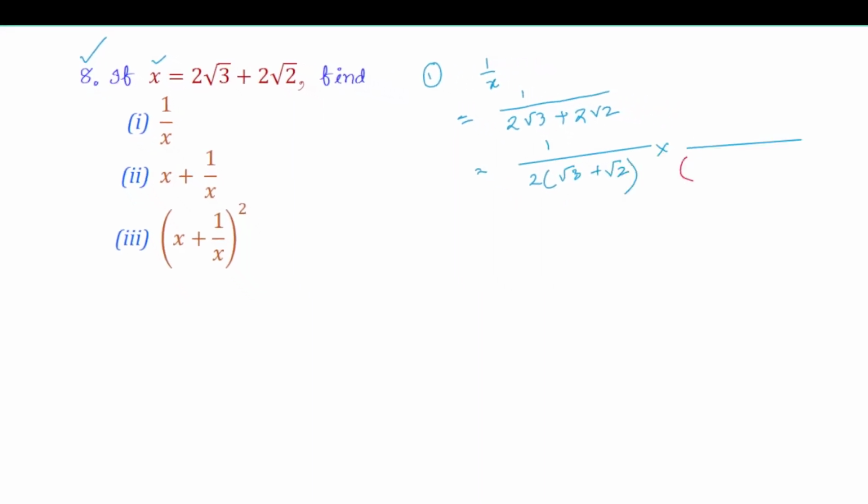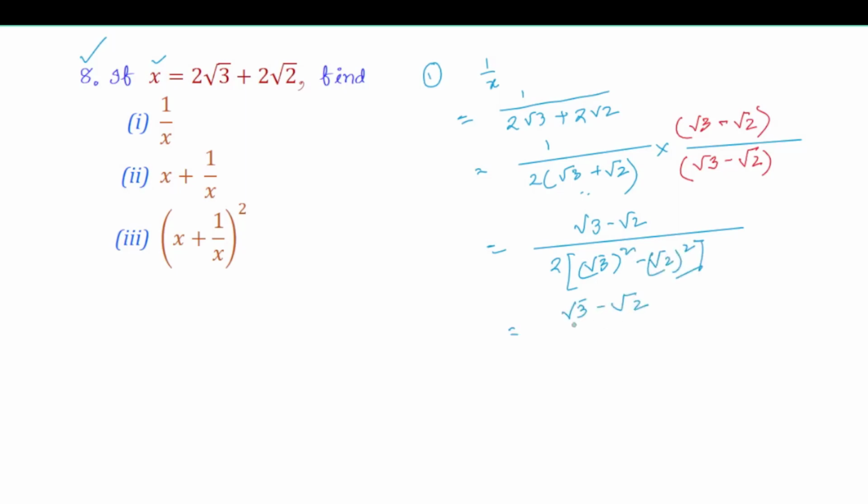Let us multiply both numerator and denominator by root 3 minus root 2, and 2 is common. This is a plus b into a minus b, so root 3 square minus root 2 whole square. Root 3 square equal to 3, root 2 square equal to 2, so we get root 3 minus root 2 divided by 2.